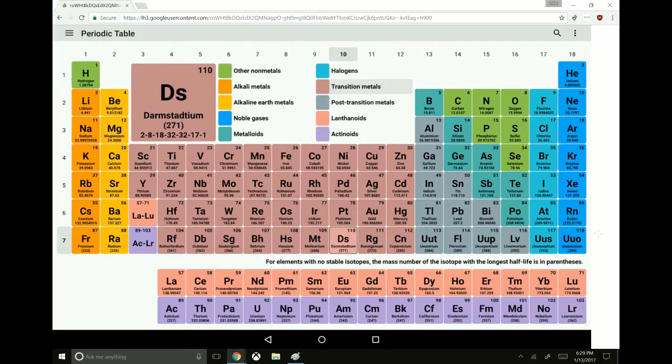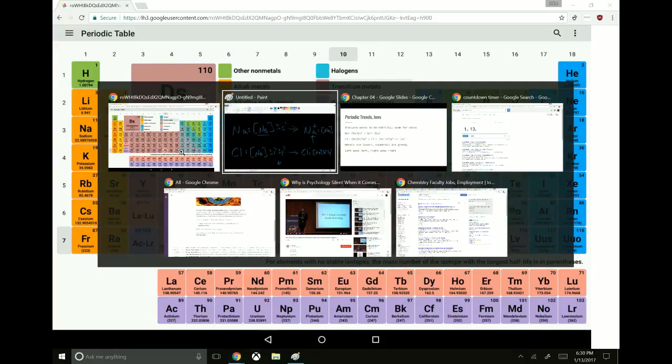So that is the trend for what kind of ions you form. Metals lose electrons. Nonmetals gain electrons. Losers on the left.